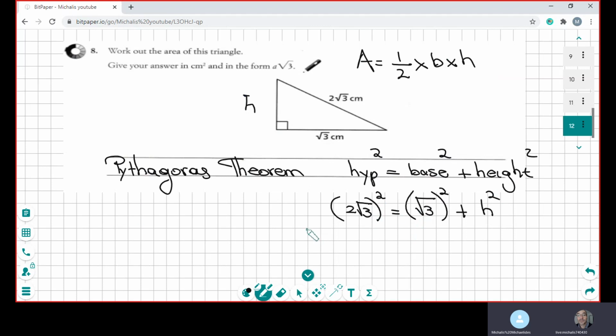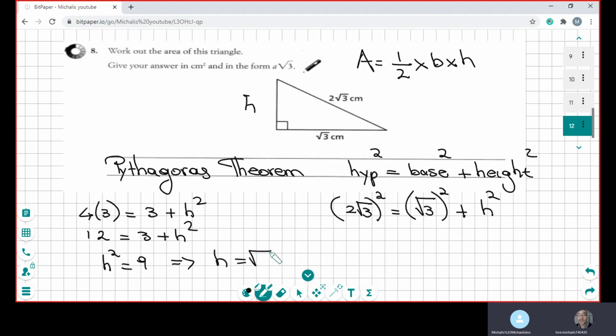Now to simplify this, I raise both of the numbers to the power of 2, so it's 4 times 3. The square root and the power cancel each other, so it's 4 times 3 is equal to 3 plus h squared. So 12 is equal to 3 plus h squared. Subtracting 3 from both sides, h squared is equal to 9, and therefore the height is root 9, which is 3.